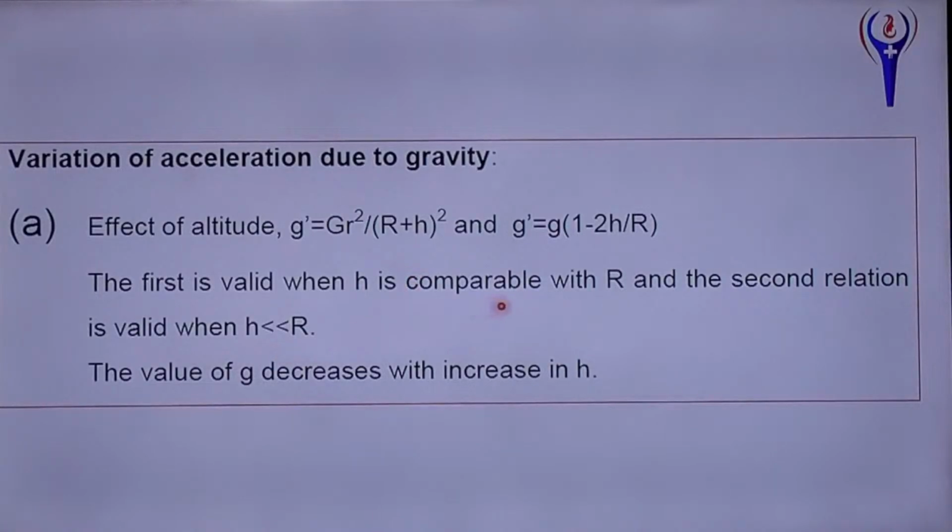The first formula is valid when h is comparable to r, and the second when h is very very lesser than r, that is, h is just some meters, and r may be 10 power 6 meter. The value of g decreases when height or altitude increases.